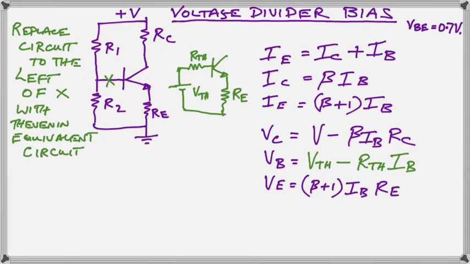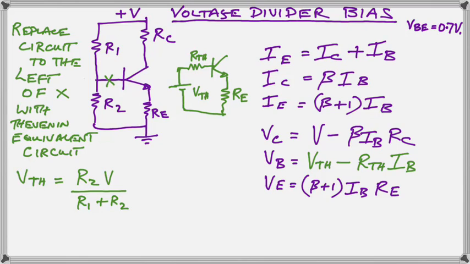All right, so as you look at that circuit, you can see that VB, which is the voltage at the base, is going to be VTH, the source voltage, minus whatever voltage is dropped across RTH, which is just RTH times IB. So that now should be self-explanatory based on that little diagram in green.